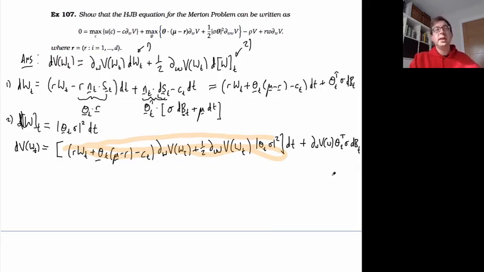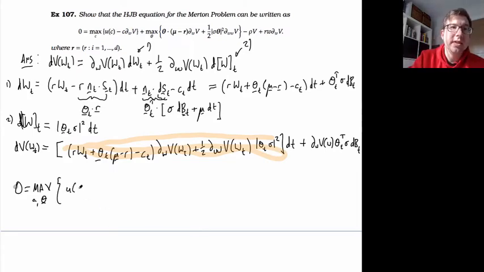Now remember that the HJB equation, in this case, is the maximization. So the HJB equation is 0 is the maximum over the set of actions, which in this case is the amount that I consume and the vector of the asset portfolio that I hold, of the instantaneous cost, which in this case is the utility function of the consumption, minus the discount rate applied to the value function, and then I add on the drift term from Ito's formula.